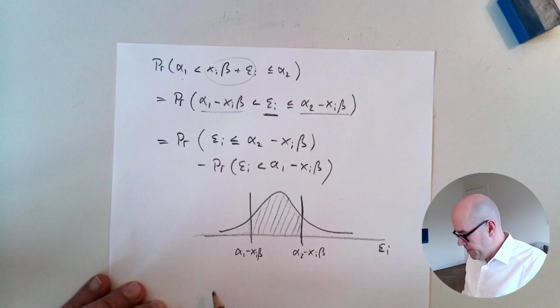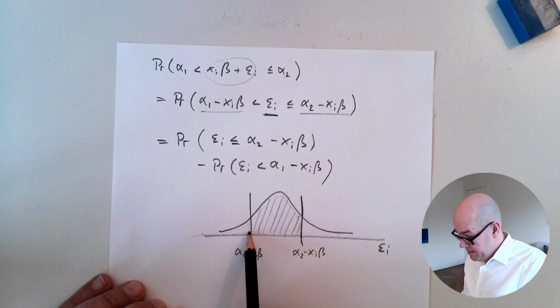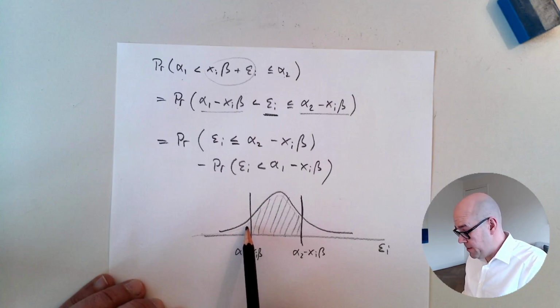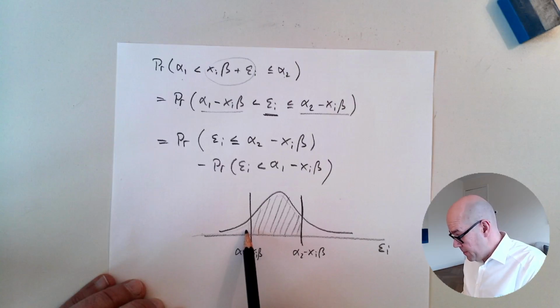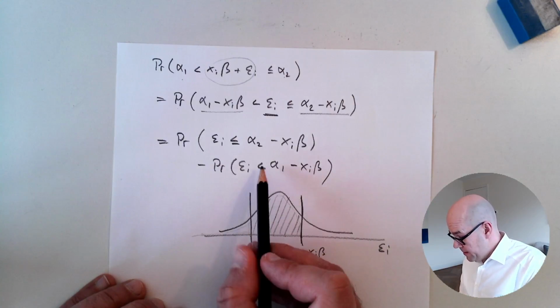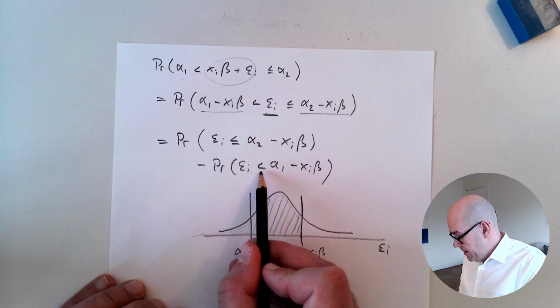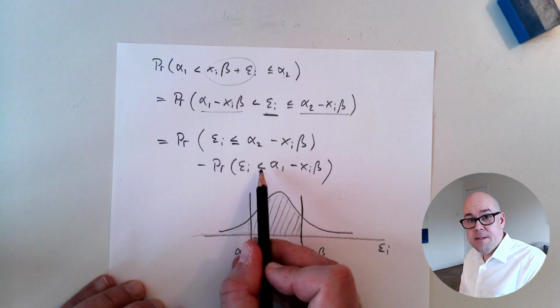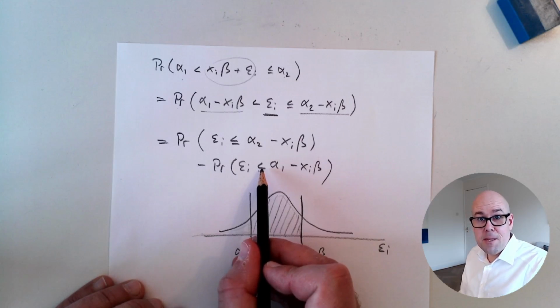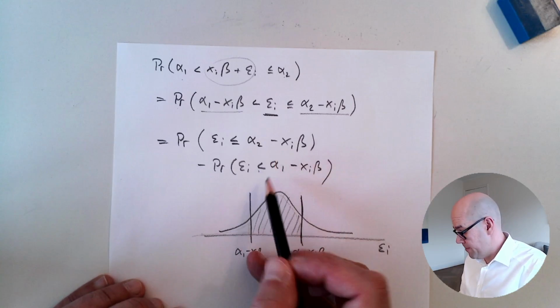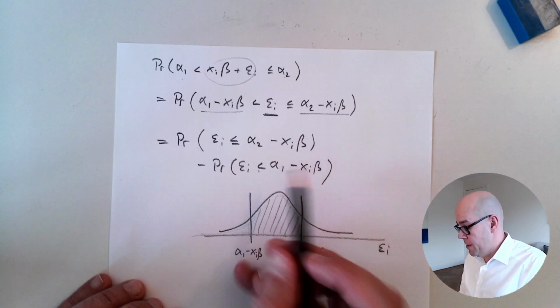There's one last thing we have to do so that we can write this in terms of the difference between two CDFs, and that is to notice that the equality happens with probability 0 if epsilon is continuously distributed. This is what we're going to assume in this model.